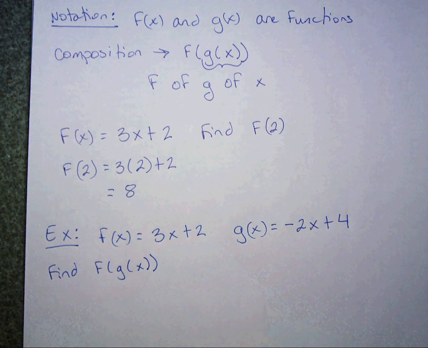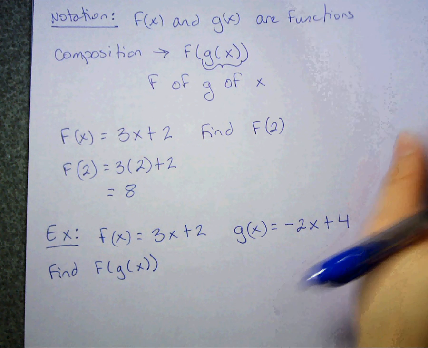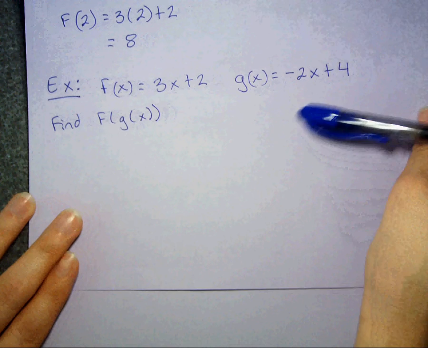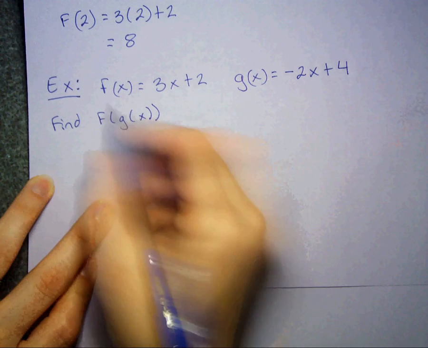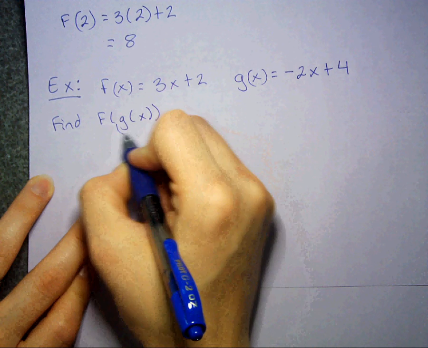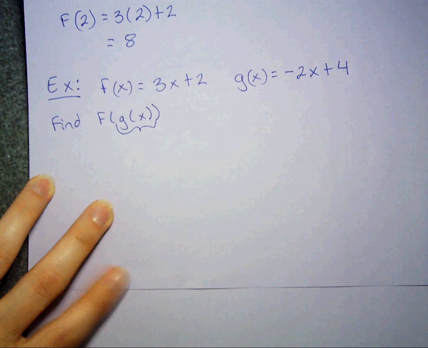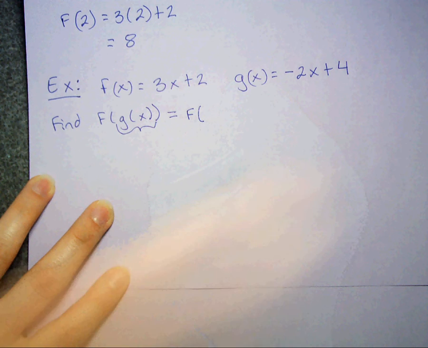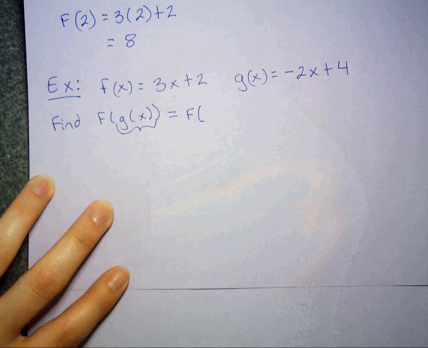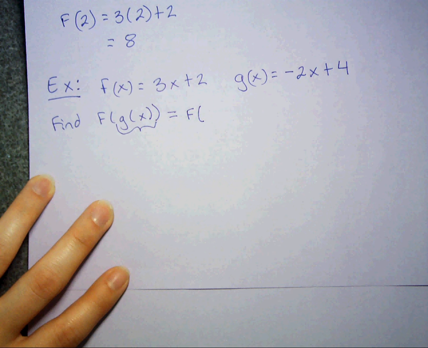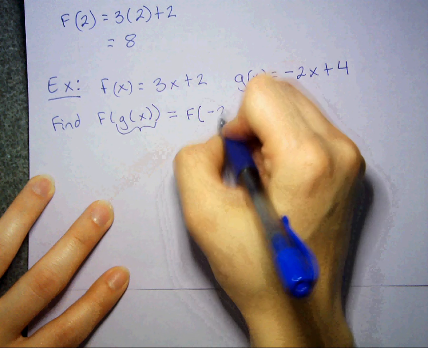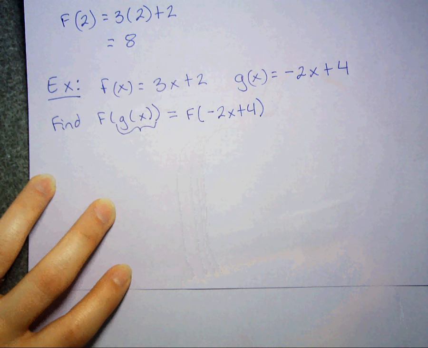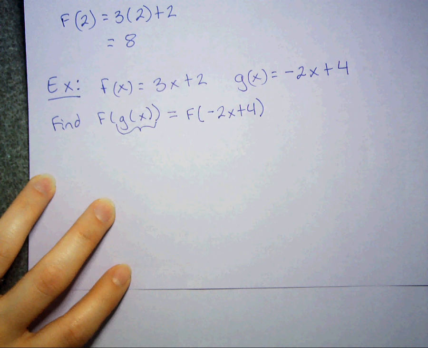What I'm asking you to do is inside f, I want you to plug in g. What is g? Negative 2x plus 4. And so instead of x, or instead of just a plain number inside of f, I'm going to literally plug negative 2x plus 4 in x's spot.